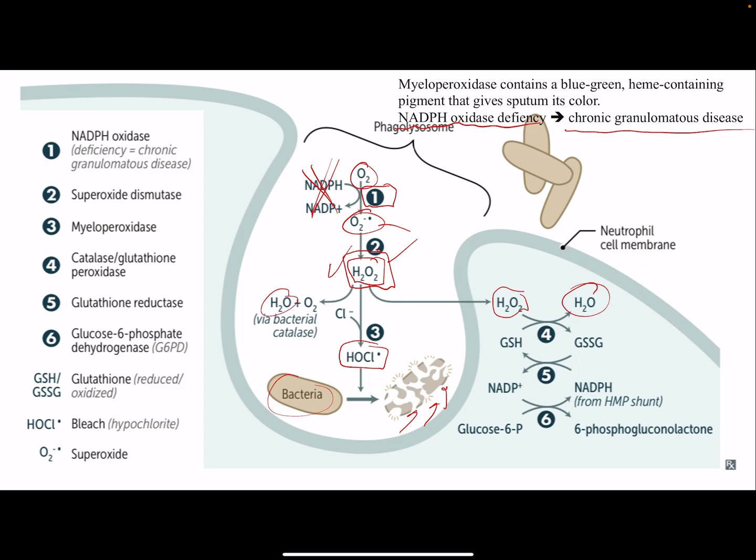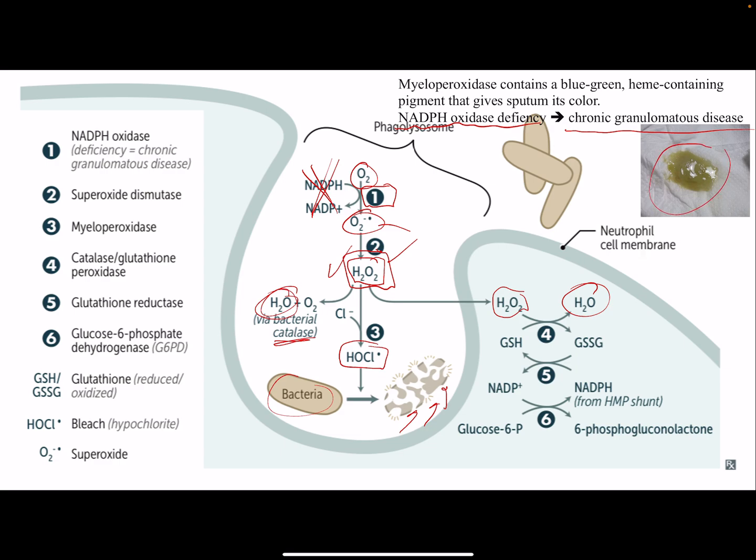However, some bacteria are catalase positive and some are catalase negative. If you're catalase negative, you can kill the bacteria by stealing its H2O2. But if it's catalase positive, well, the bacteria actually was going to neutralize its own hydrogen peroxide and turn it to H2O. So this is not going to be as effective. And this will be important as well in the bacterial unit, which is coming up.